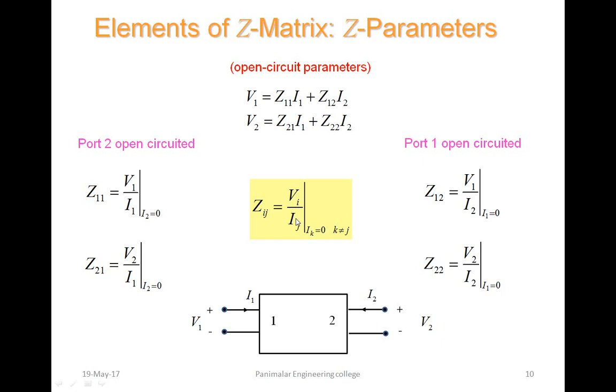Since this is based on port analysis, we define whether the respective port is open circuited or short circuited in order to say whether the current in that port is 0 or not. If port 1 is open circuited, which means the current at port 1, I1, is 0, then Z12 is equal to V1 by I2, where I1 is 0.